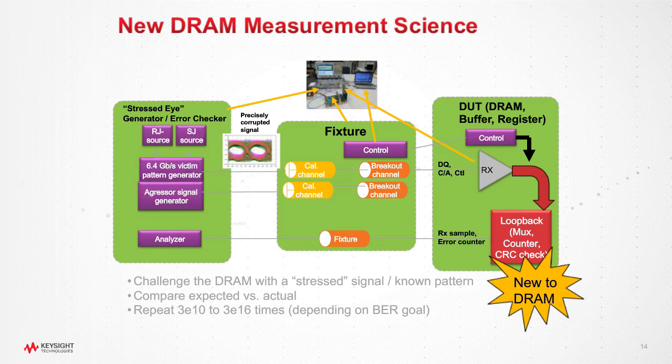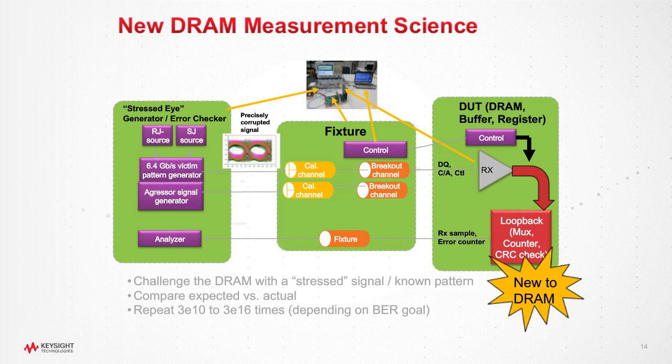While bit error rate testers have been used a long time in controller PHY development and verification, they haven't been used that much with memory. They've been used to some extent with the logic devices supporting memory. But for DDR5, it's likely that because of this new architecture, the measurement science related to receiver testing is going to become really central and critical to evaluating not only silicon success, but also how the system as a whole is working.